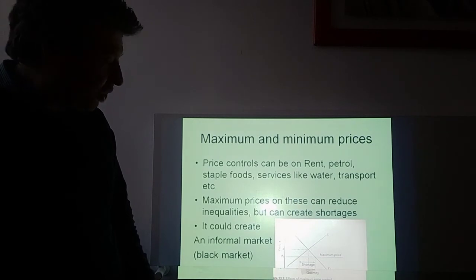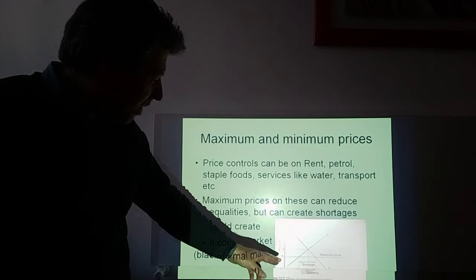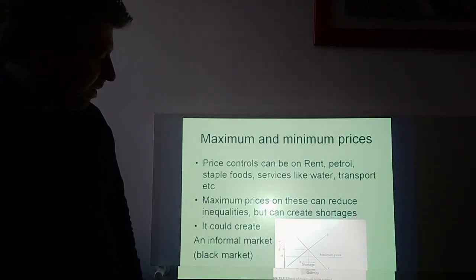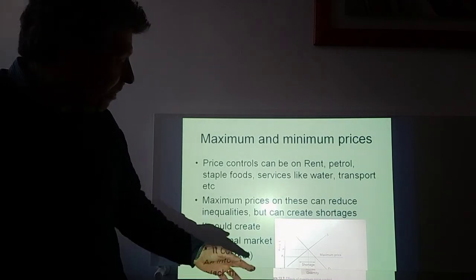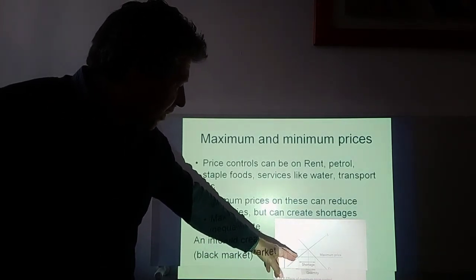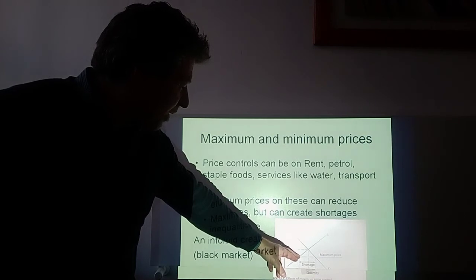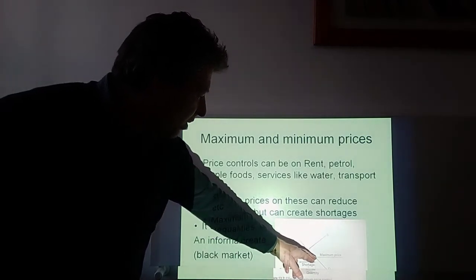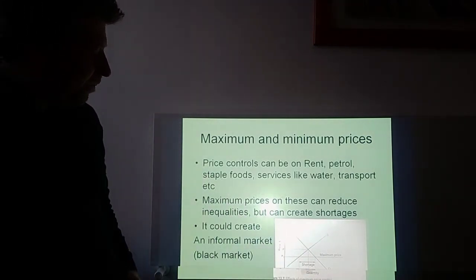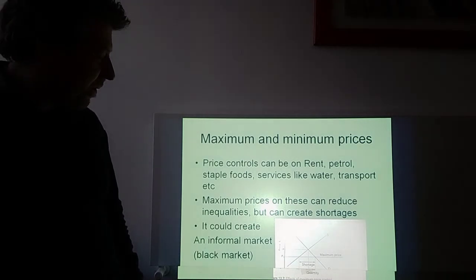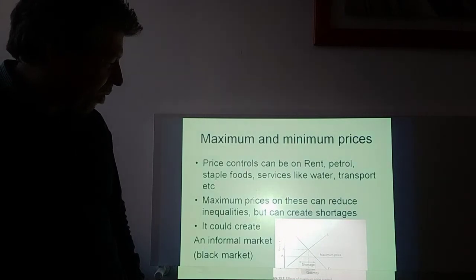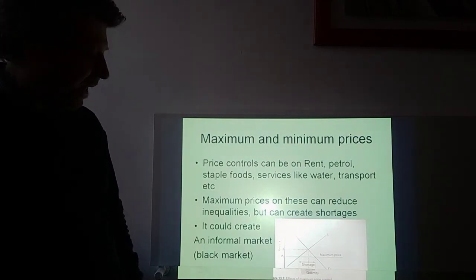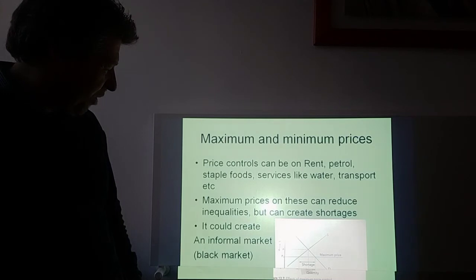It's difficult to stop a black market if people really want the product. They are prepared to pay on the black market. Here, the supplier will provide this many, but obviously people want a lot more, so it doesn't really resolve this problem of the poor not having enough money if there's not the products.